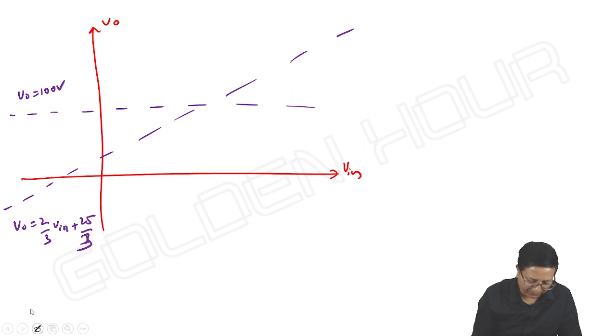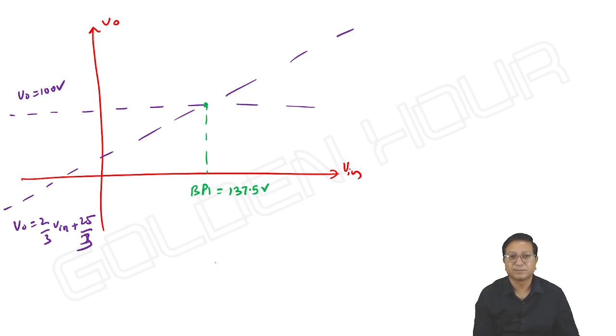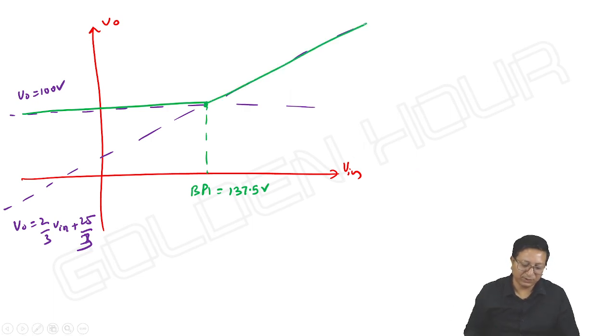And what about the breakpoint? Only one breakpoint. It is 137.5. Input less than breakpoint, output is equal to 100. Input greater than breakpoint, output is equal to 2 by 3 V input plus 25 by 3. That's it.